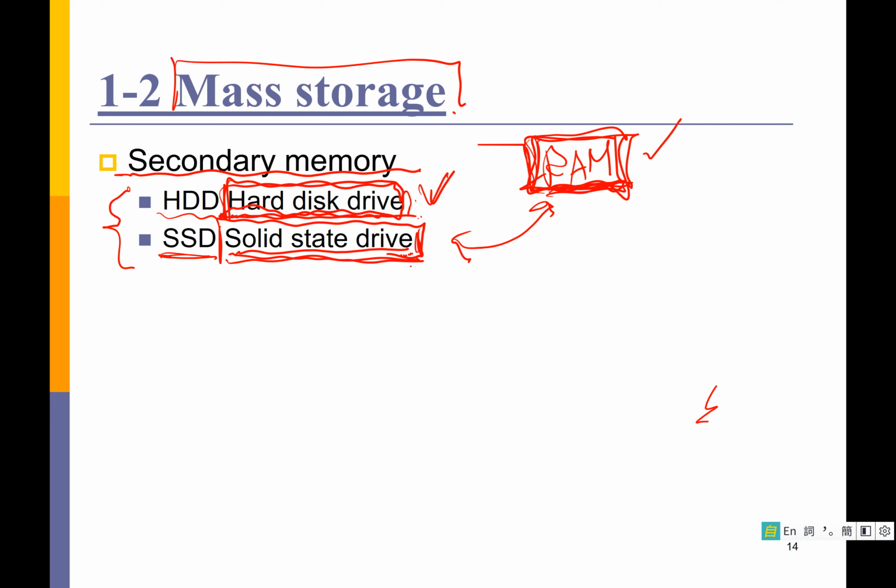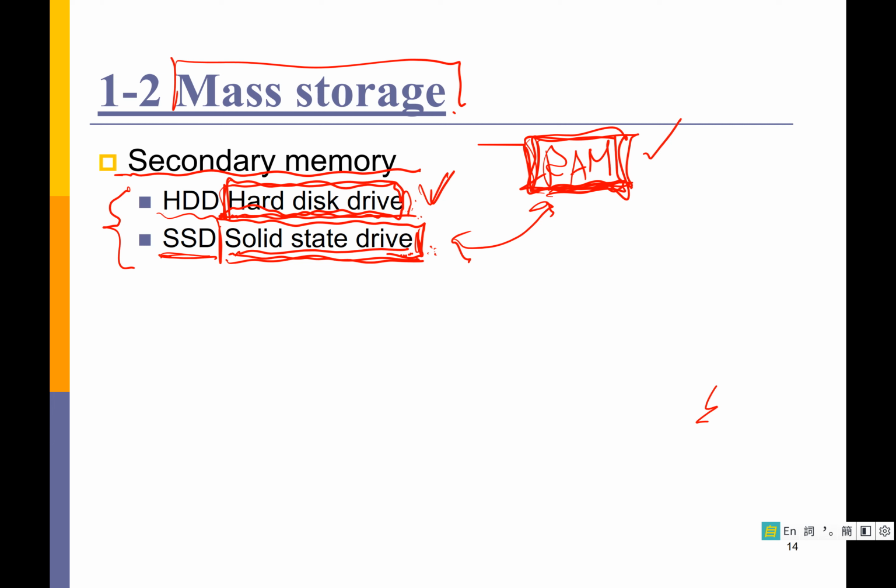The disadvantage is that it's more expensive per unit of memory. If you want to save the same size of information into a solid state drive and a hard disk drive, the solid state drive costs more because its price is higher.